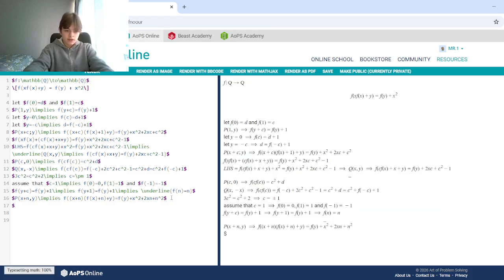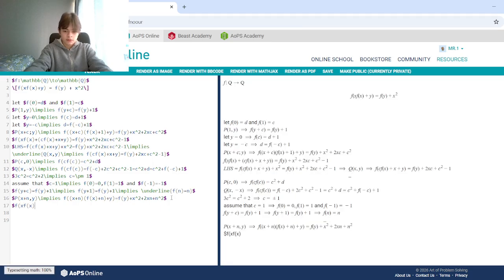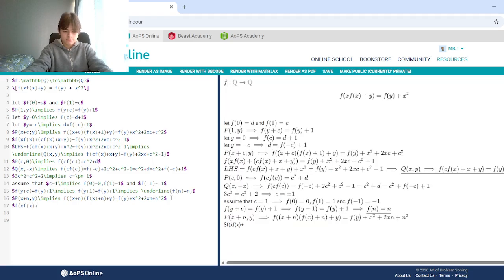This is the same as x f(x) + f(x) n + xn + n^2, but we can bring n^2 out and this 2 will disappear, so this is equal to f(y + x^2 + 2xn).